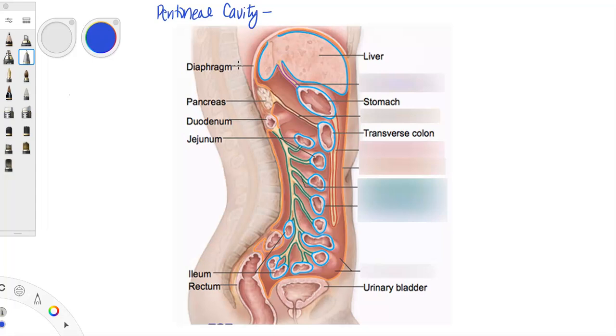the abdomen. So, in AP1 we talked about the serous membranes, and there was the thoracic cavity and then the abdominopelvic cavity. So now we're talking about the abdominopelvic cavity, and we know that the serous membranes in the abdomen are called the peritoneum, right?